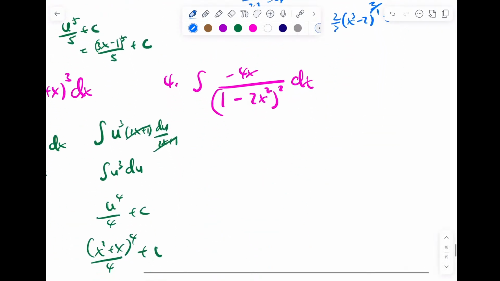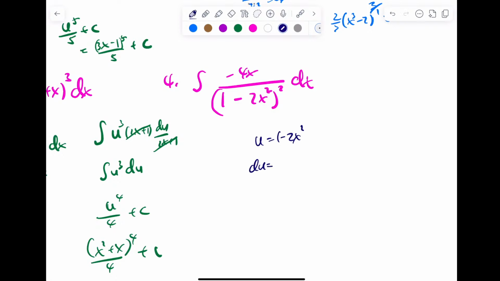All right, so here I want to let u equal the bottom, because of this parenthesis to another power. So u equals 1 minus 2x squared. du is equal to negative 4x dx, and du over negative 4x equals dx. So the integral of negative 4x over u squared, times du over negative 4x.